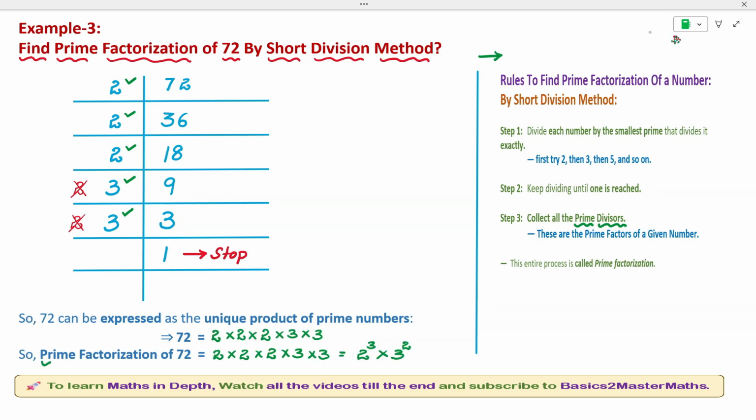So, prime factorization of 72 is 2 multiplied by 2 multiplied by 2 multiplied by 3 multiplied by 3.